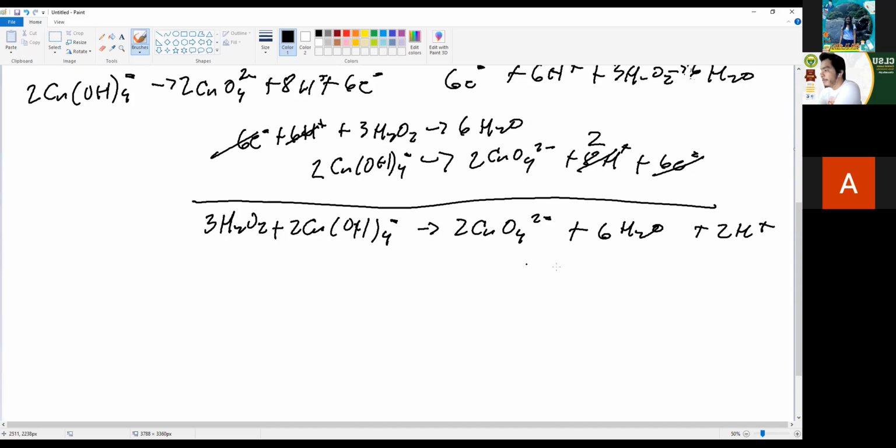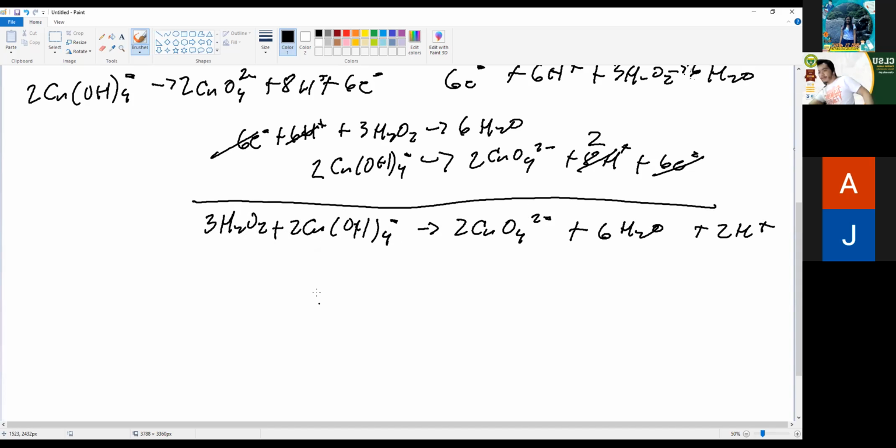So balance ba? You have 2Cr. Hydrogen is 4 times 1 is 4 plus 3 times 2 6. So 4 plus 6 is 10. Ay, tama ba? Ay, Cr pala to. Sorry. So 4 times 1 is 4. Tapos, wait nga.